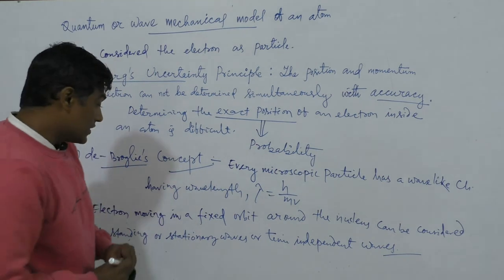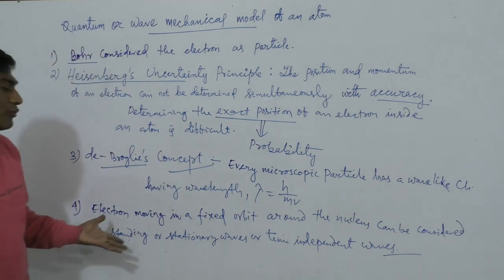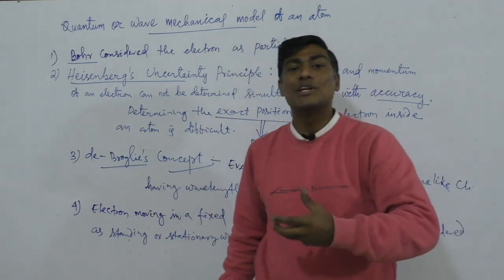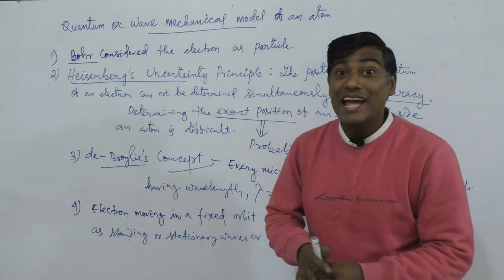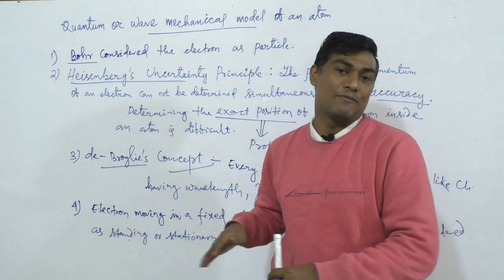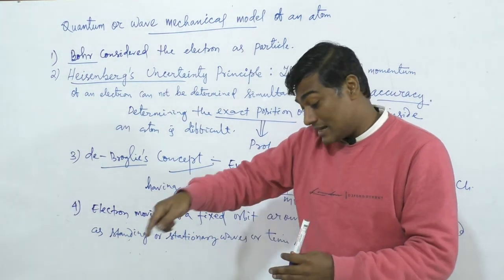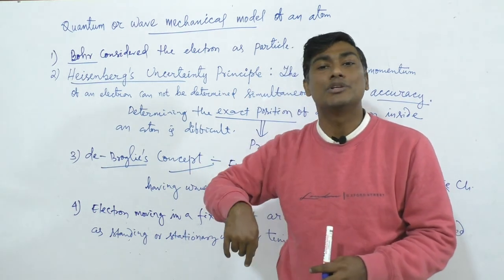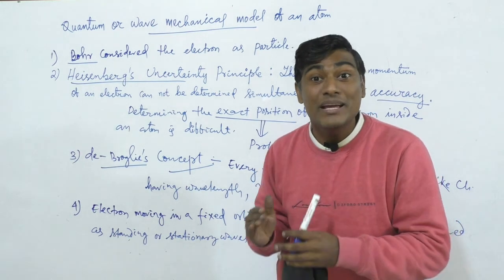That means when the electron is moving around the nucleus in a fixed orbit, its energy is fixed irrespective of time. Whatever the time is, the energy of the electron while revolving around the nucleus is fixed. It is time independent.